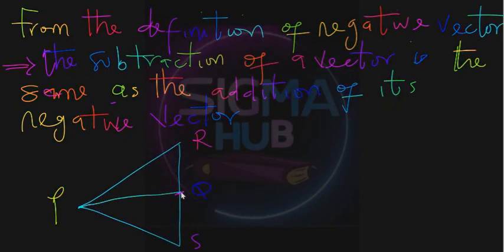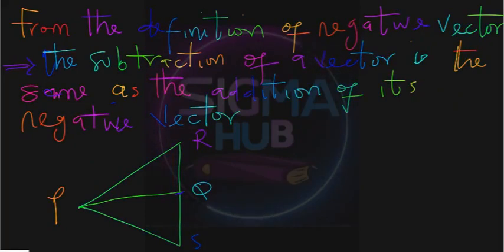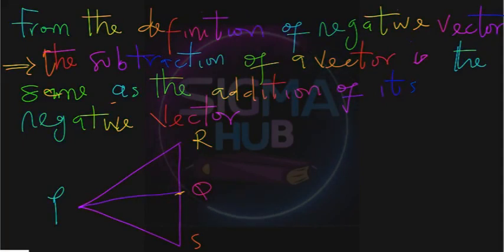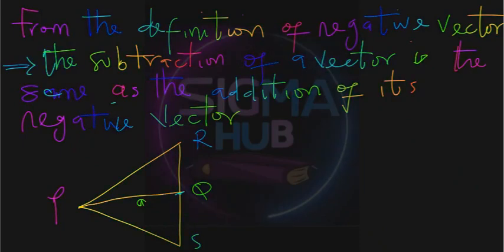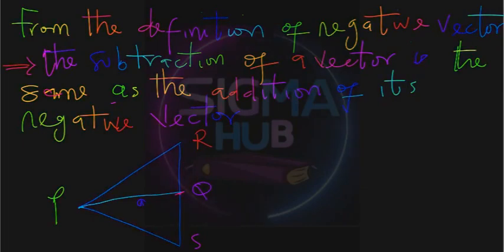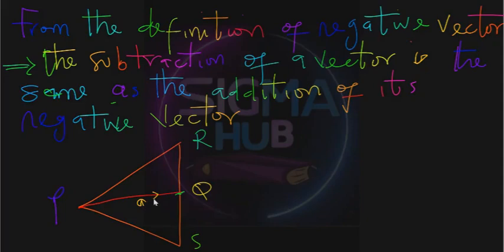Let's give values to the sides. So for PQ, let's give A. That is P to Q. That is, an object is moving from P down to Q. It means the movement is going to follow the arrow like this.